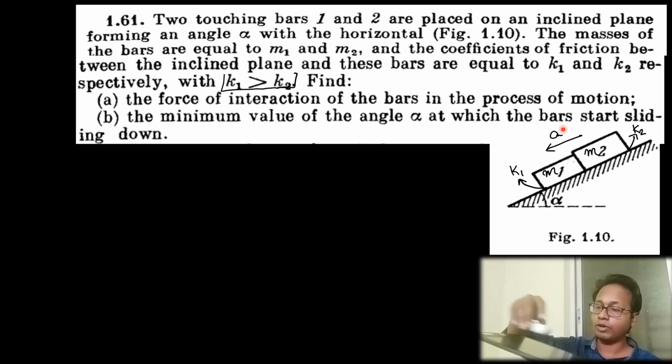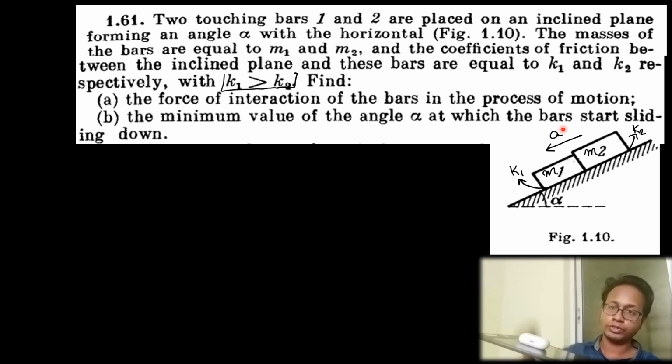So how do we solve this type of question? Just before sliding, the component of gravitational force is equal to the component of friction force. What is the value of acceleration just before sliding? When you need to find the value of alpha at which the body starts sliding, we take acceleration equal to 0.